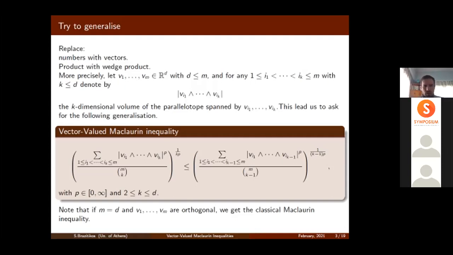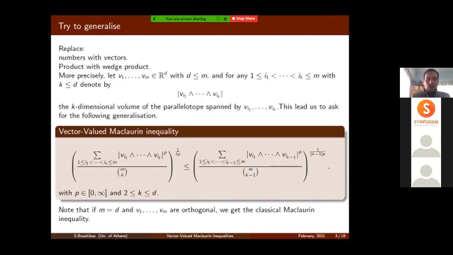Here you will see that we replaced the numbers with vectors and the product with the wedge product, but we also put a power in the mean. So we took all these terms to the power p.